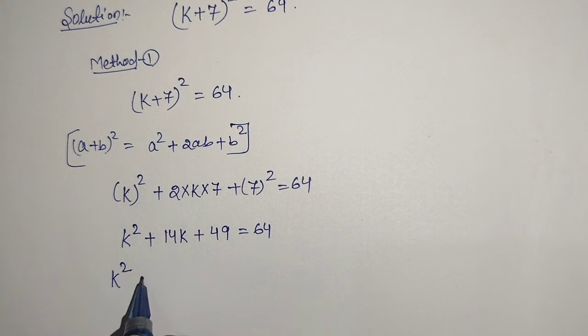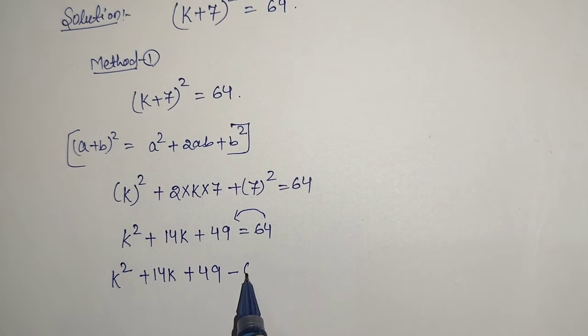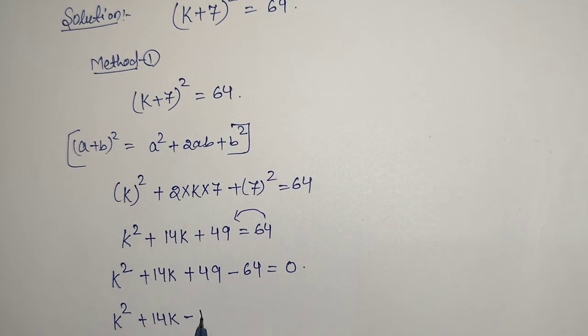Then k² + 14k + 49, here we move 64, then minus 64 is equal to 0. K² + 14k − 15 = 0. Then we split the middle term: 15k − k is 14k, and 15 into minus 1 is minus 15.